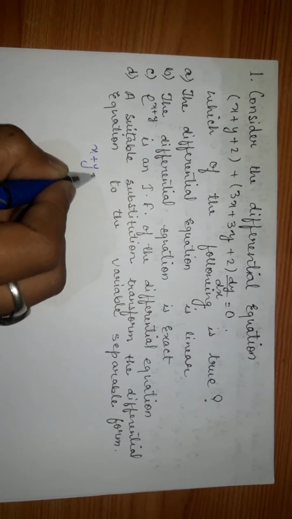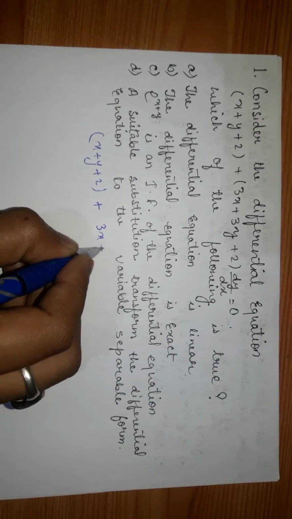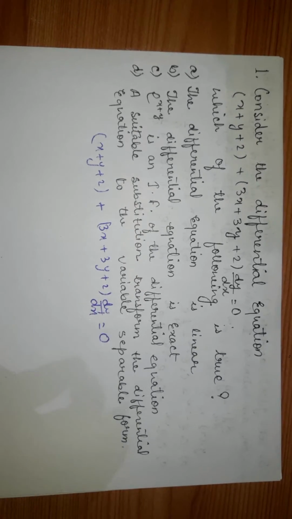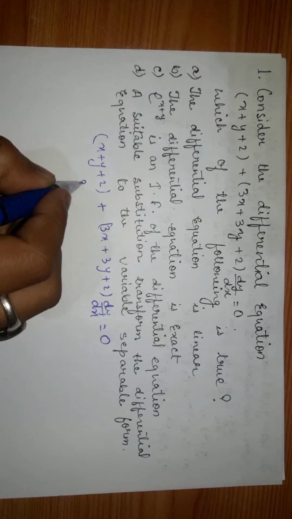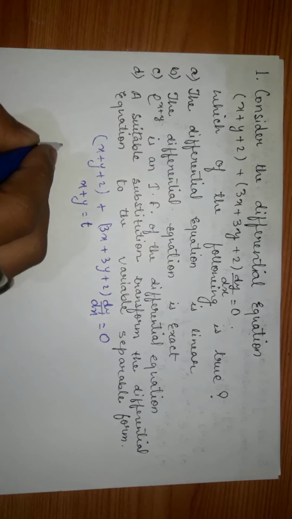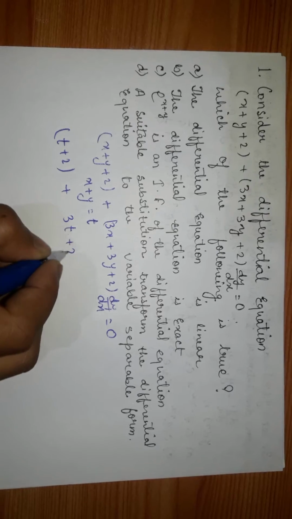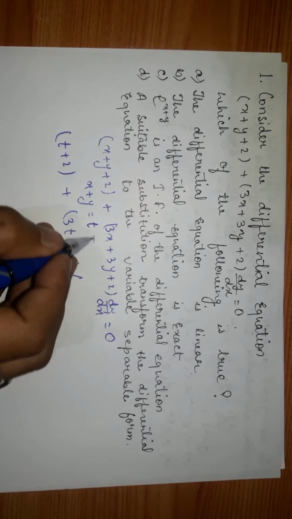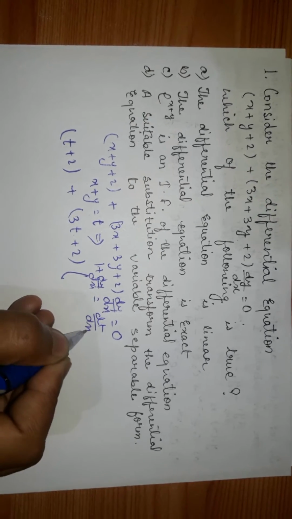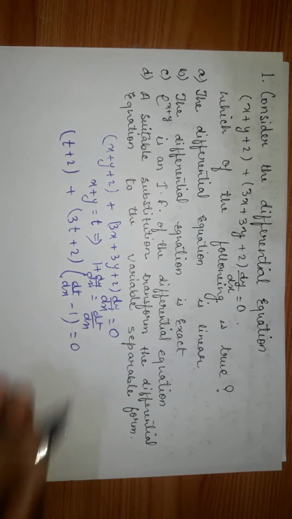Here we can see that it is a first degree and first order linear differential equation. If we put x plus y equals t, then this equation may be transformed to (t + 2) + (3t + 2) times dy/dx, where 1 plus dy/dx gives dt/dx. So we can write dy/dx as dt/dx minus 1, which equals 0.